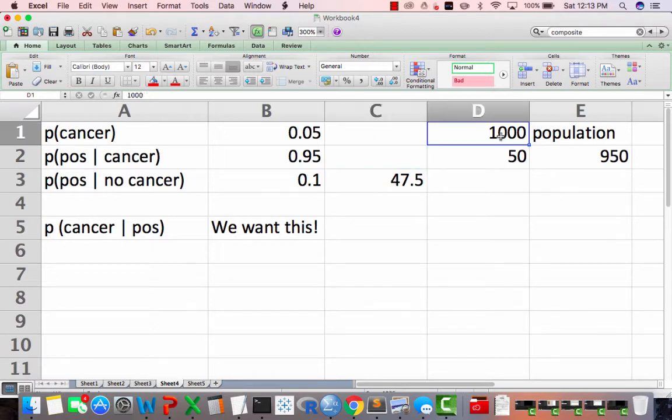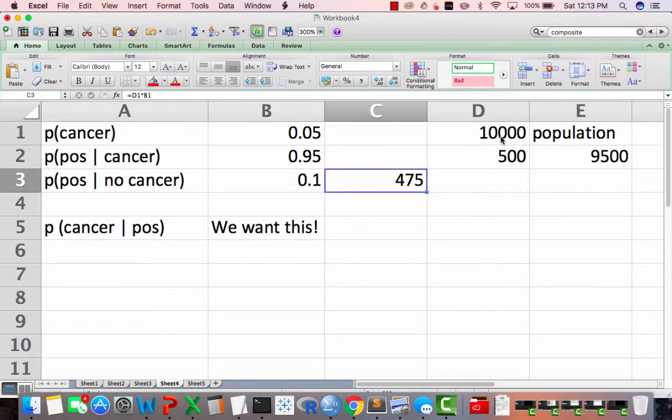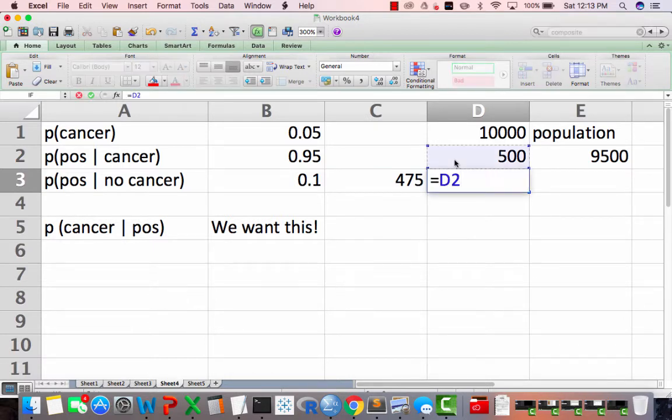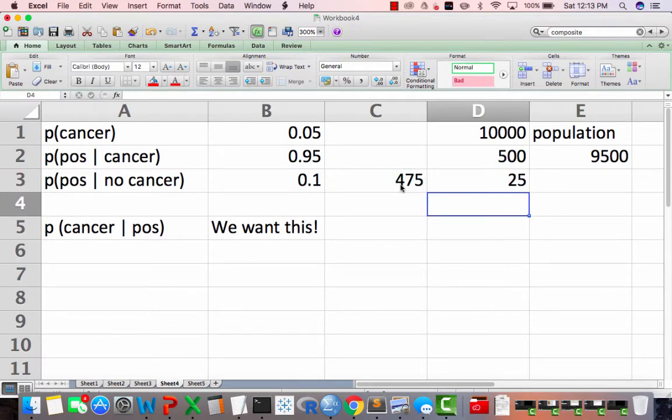Just so we don't get these fractions, I'm going to increase our population to 10,000. Now we have 475 there. That sounds a little better, since you can't have half of a person, even though the math would still work out fine. Then it's this minus this who are classified as negative when they get the test.